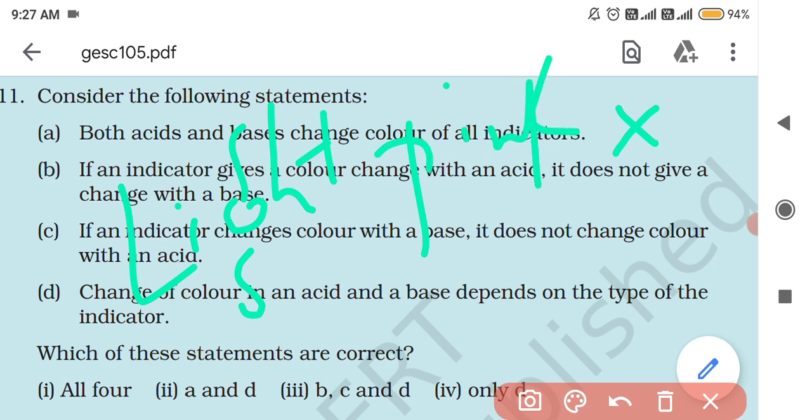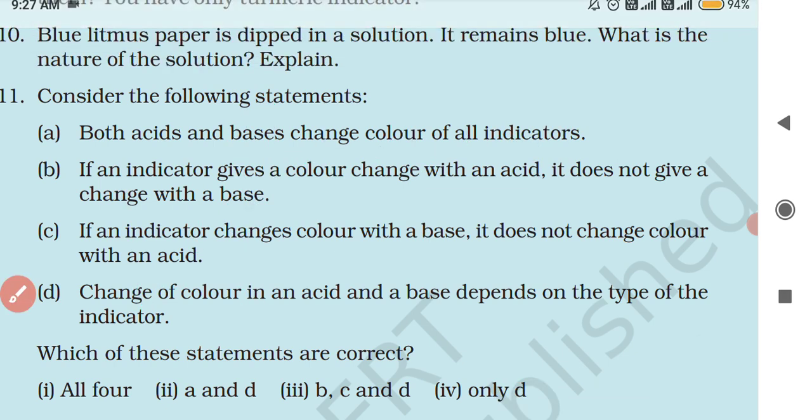If you don't remember, then you can look for the China rose indicator video on this channel. So acids turn China rose indicator from light pink to deep pink.